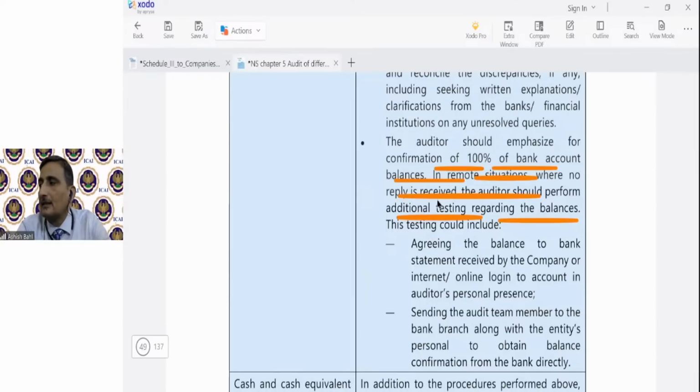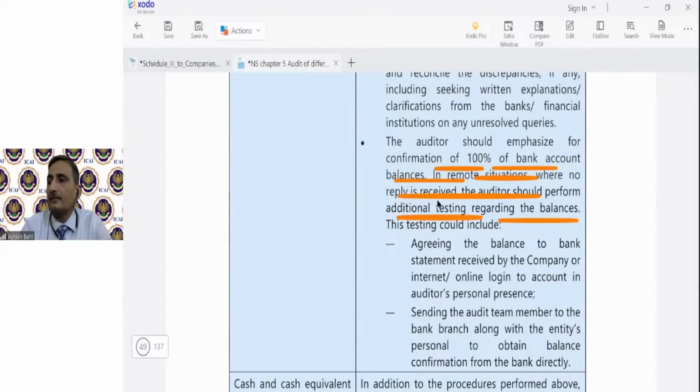So there is no difference in treatment as such. But in balance sheets of non-company entities, you would find the terms trade debtors and sundry debtors being used often.